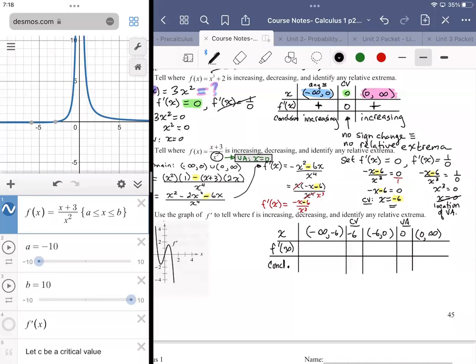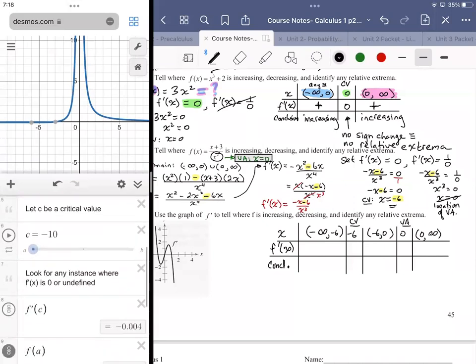Also, I wasn't getting the sign change that I was looking for in this, because going from negative infinity to 0, we got our undefined at 0, which is fine. But then we got these values that all look pretty good.